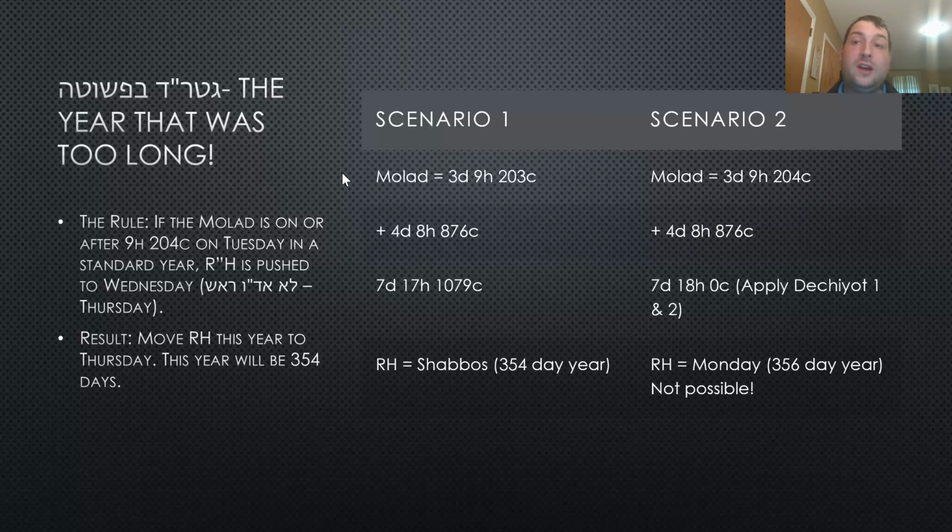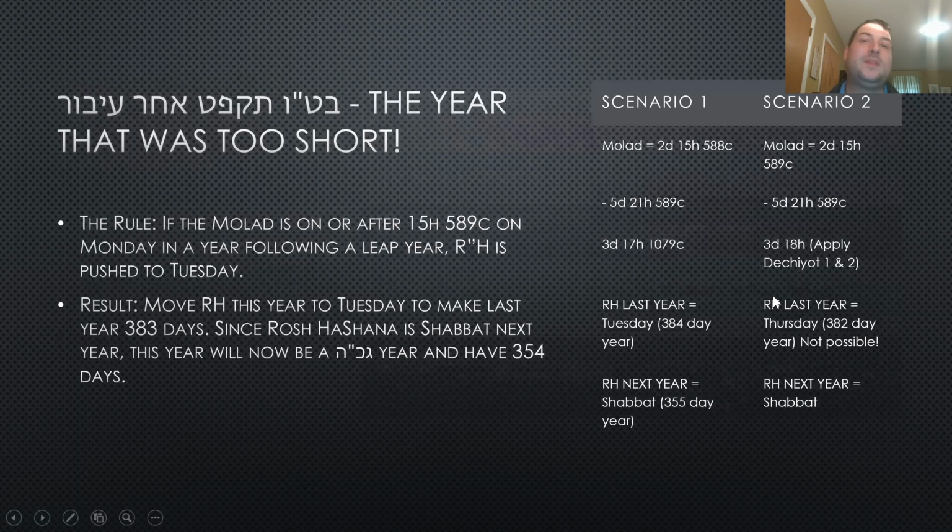So that's the first of the very complicated rules. The next rule is much more complicated, unfortunately.